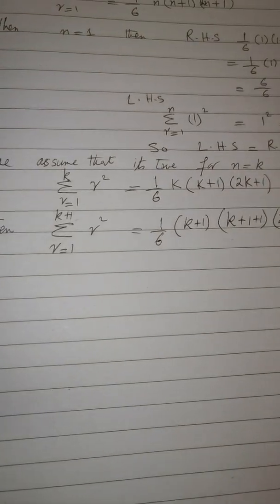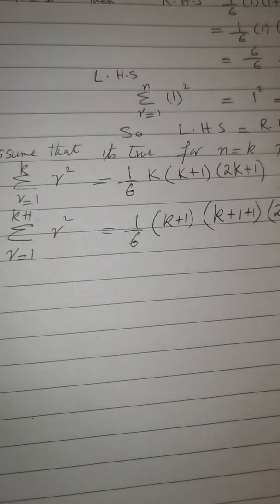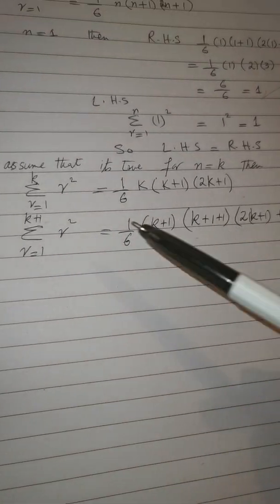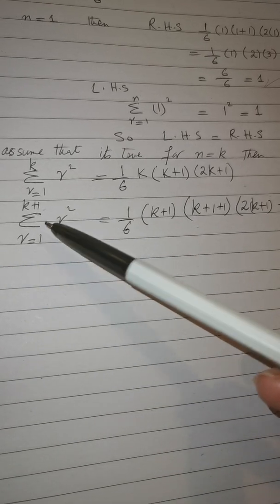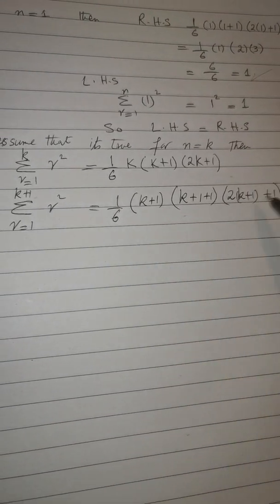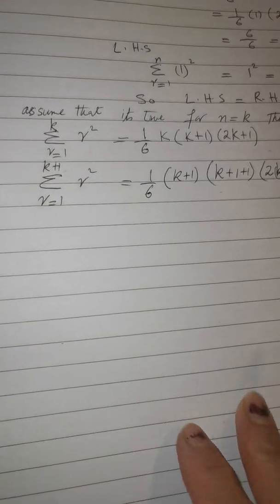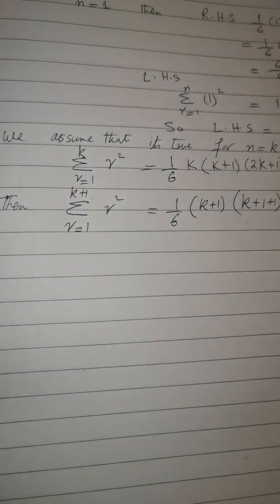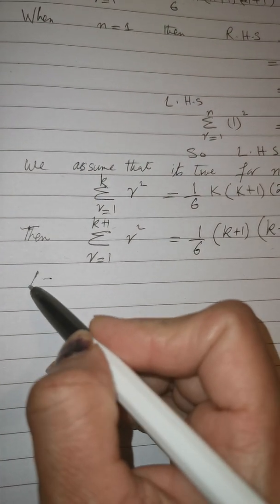This way, now we have to prove that if it is true for n is equal to k, then it should be true for n is equal to k plus 1. And if we get this statement, we will show that it's true for n is equal to k plus 1.